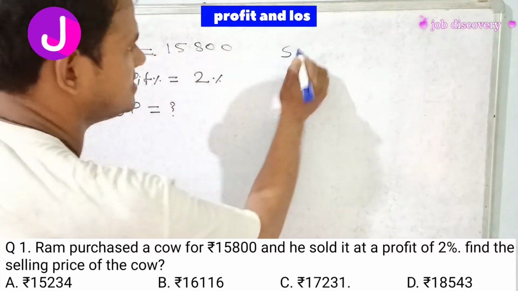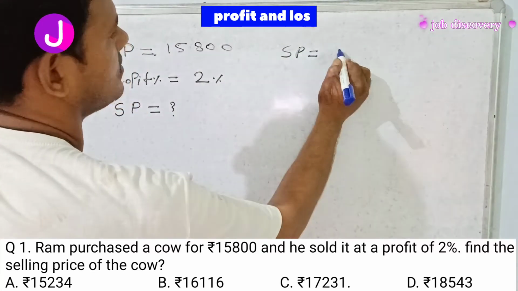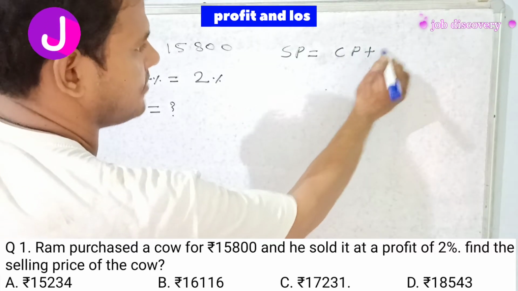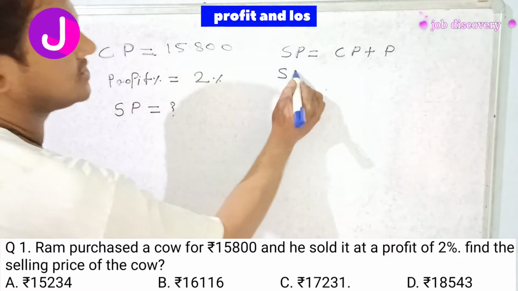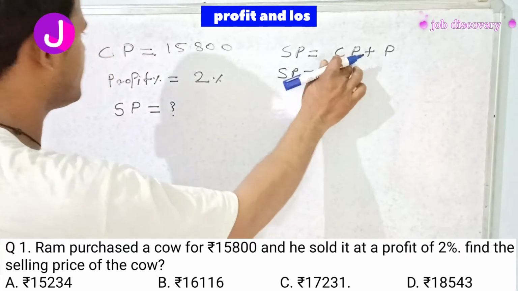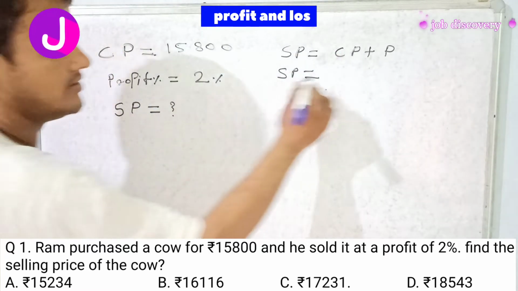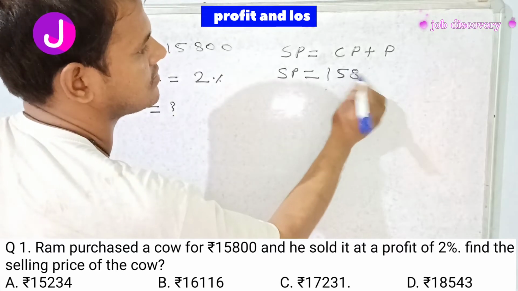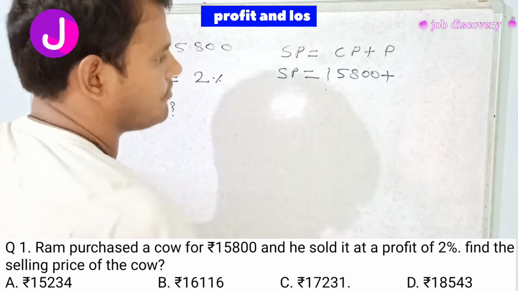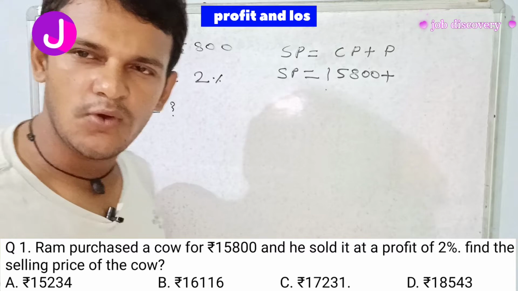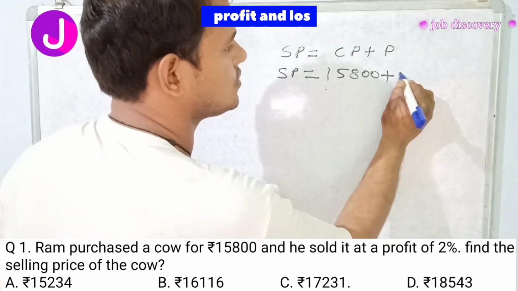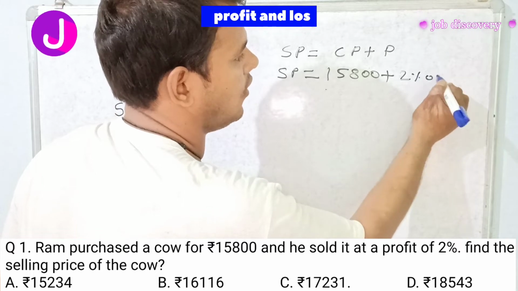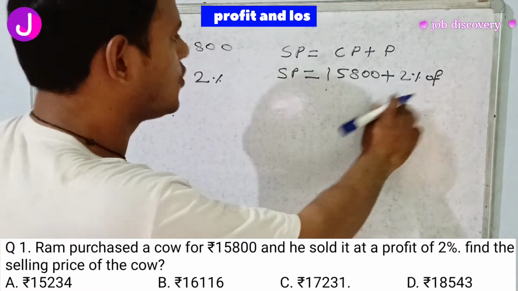Selling price is equal to cost price plus profit, right? So selling price is equal to cost price, 15,800, plus profit, which is 2% of 15,800.